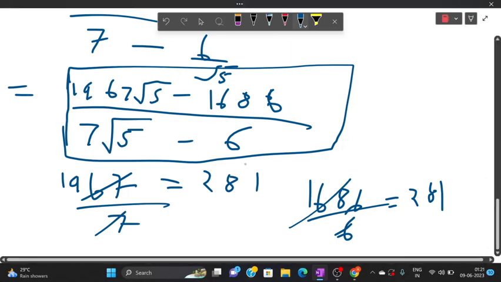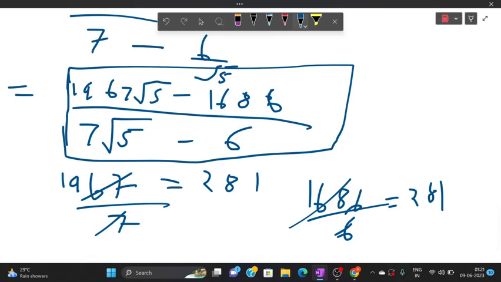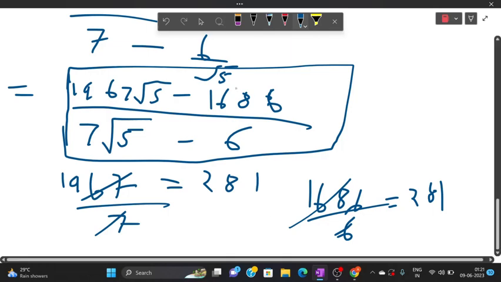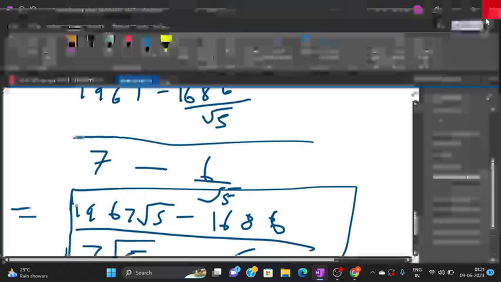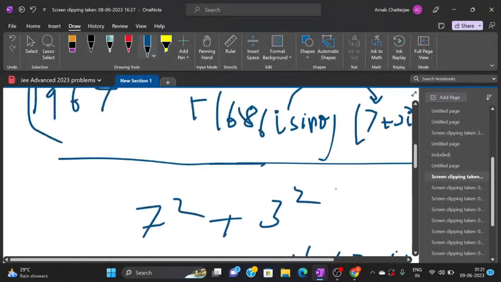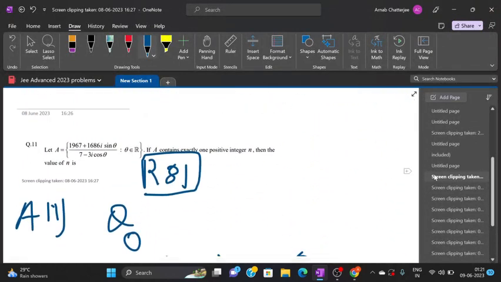You can prove it using rationalization actually. Even if you would have carried out the long division, then also you would have been able to solve it. But reaching till here, many might give up, because making this a positive integer looks like a very challenging task. So this was a tough problem, and it is from the notorious paper 1.